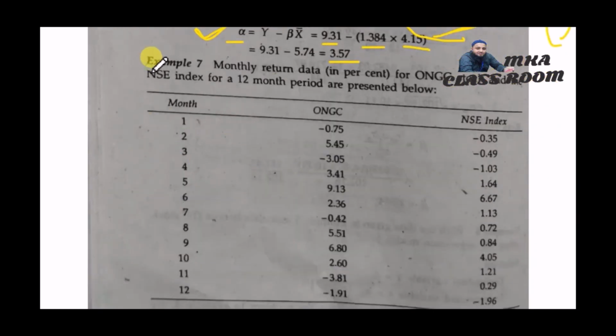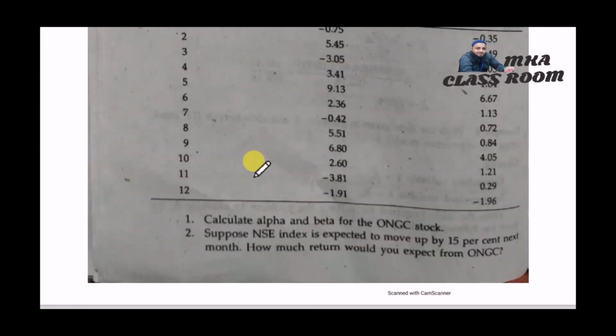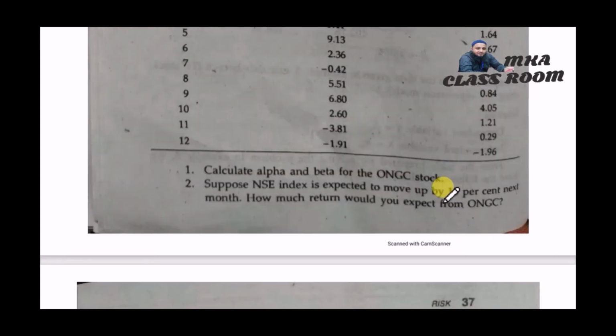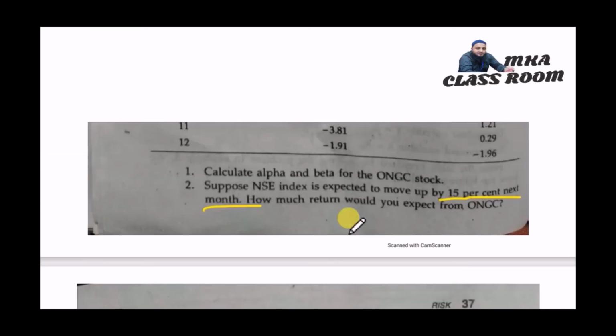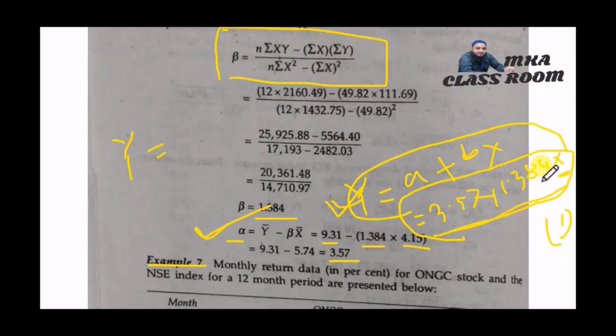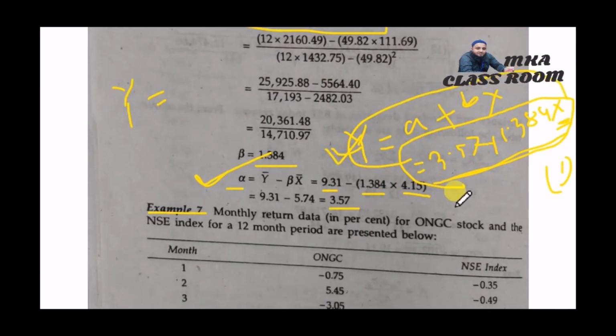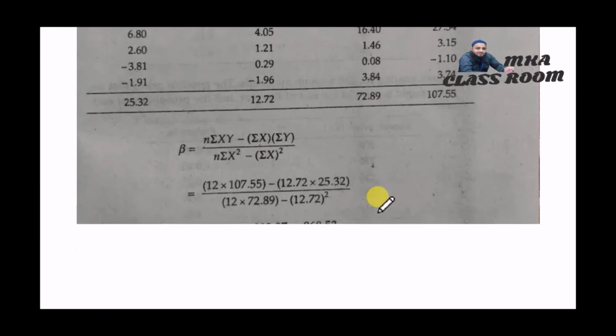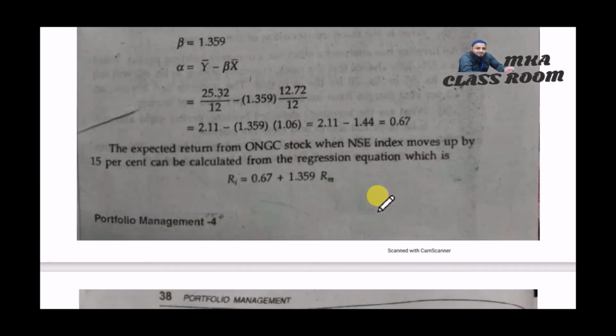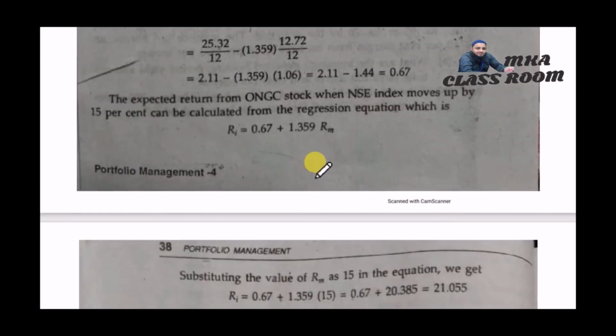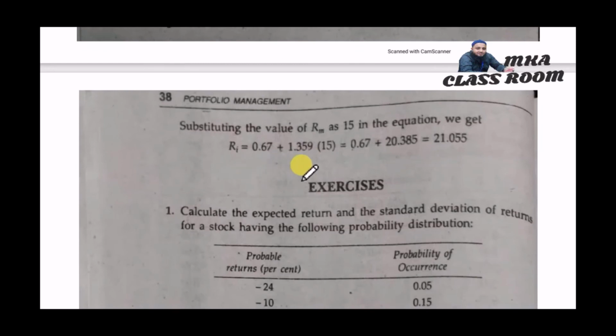Here is example 7. Here it says a 15% change for the next year. So all things are clear. Here we have the 15 value. That is our alpha, beta, and 15. That should be 21.08.